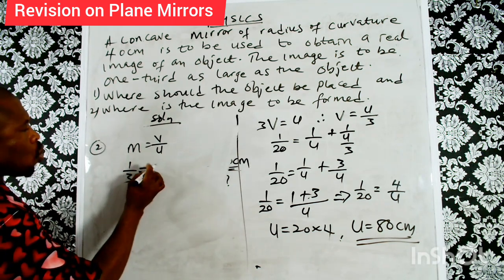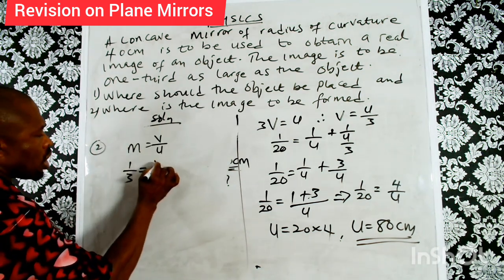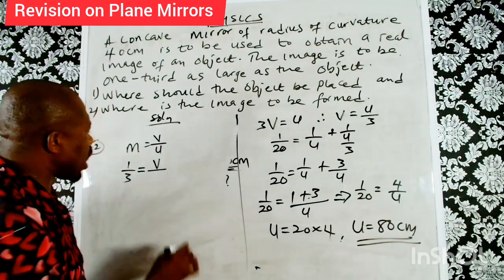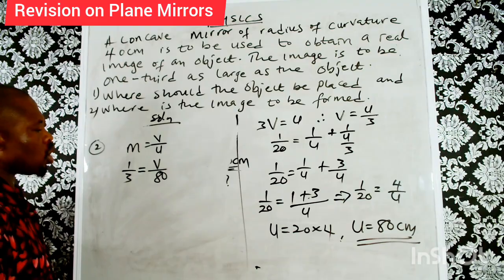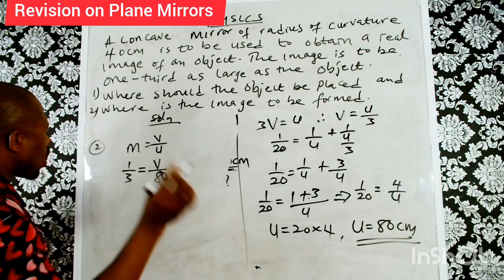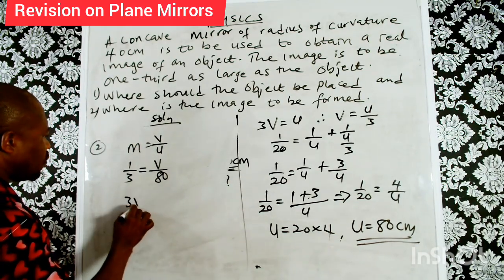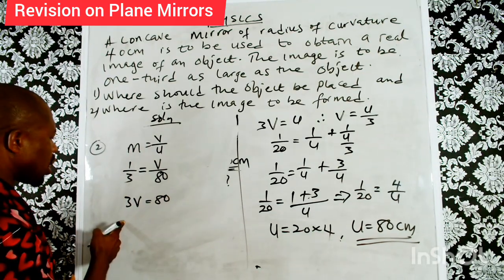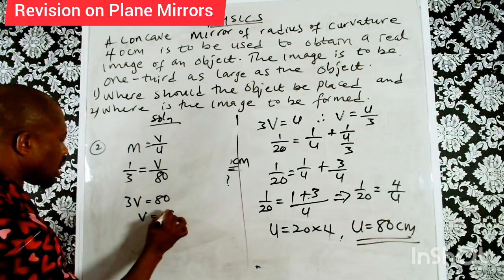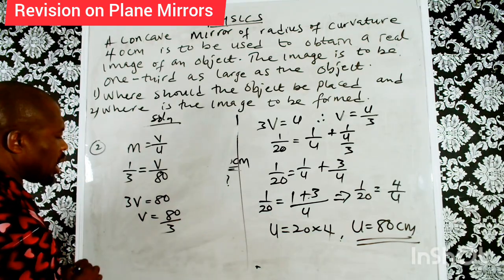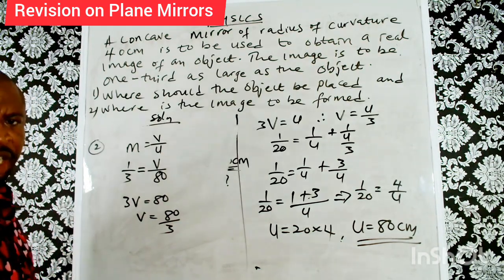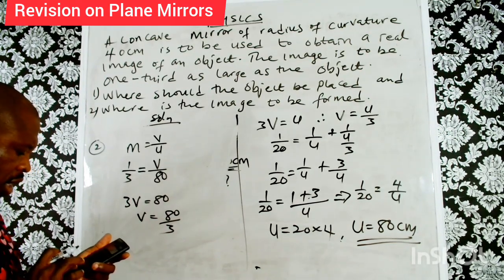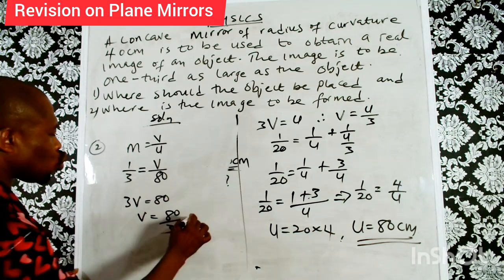We put it there, equal to V all over U. We have gotten our U to be 80, which will give us, if we cross multiply, that 3V is equal to 80. Now it will give us that V is 80 over 3.